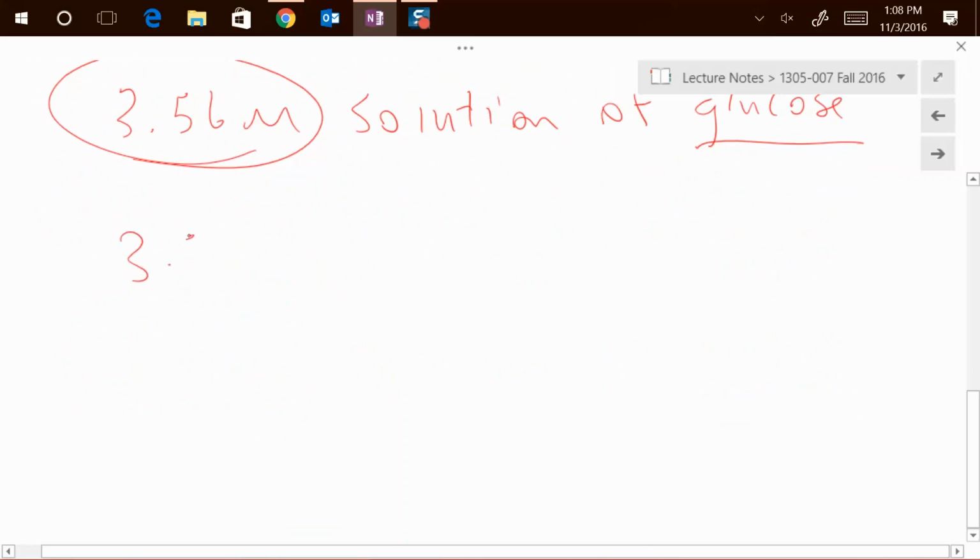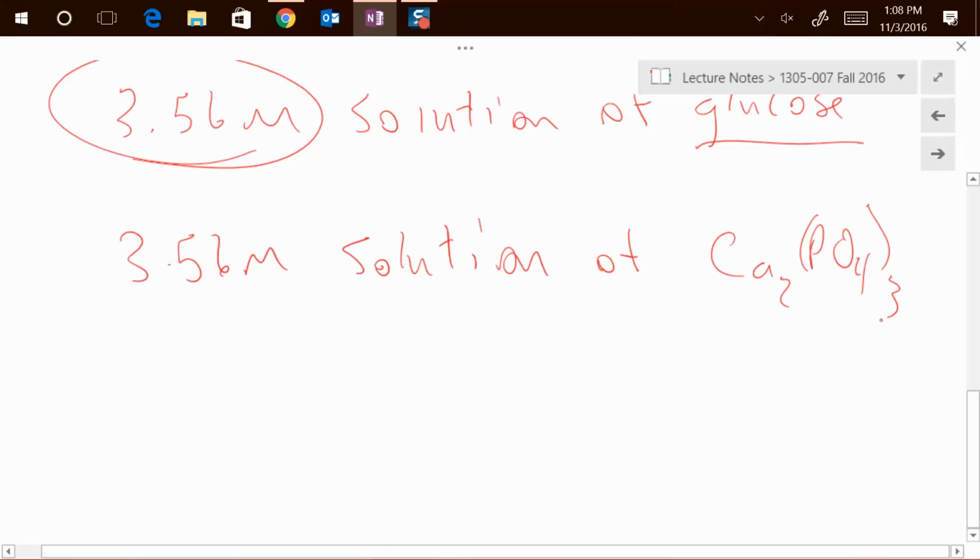What if it was a 3.56 molar solution of calcium phosphate? What's the molarity of the particles? Well, I have 3 calciums, and how many phosphates? 2.